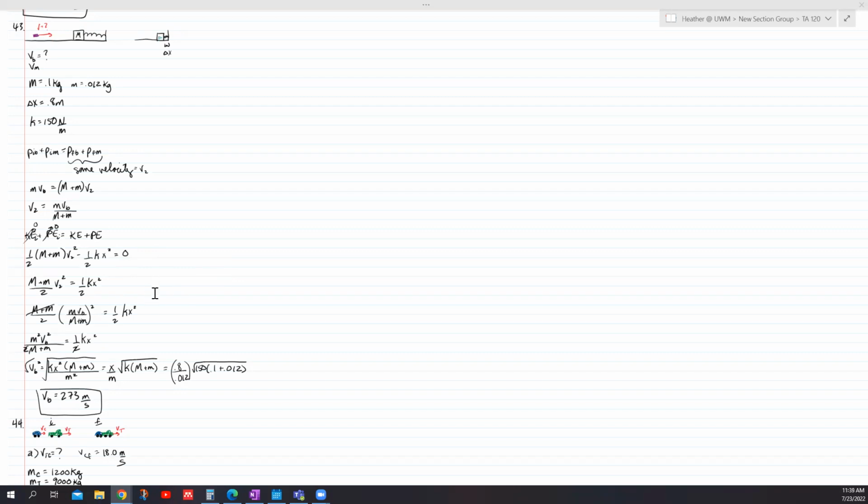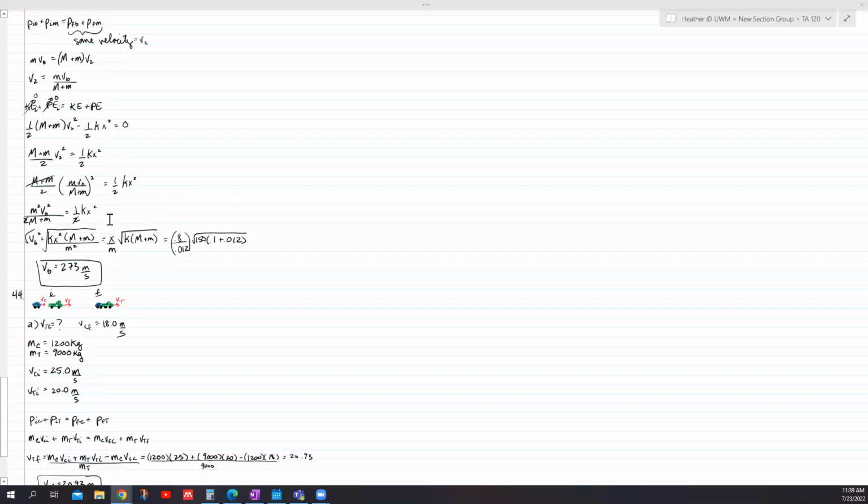And we get our initial kinetic energy and our initial potential energy are 0 for our bullet. And we get 1/2 (M plus m) v2 squared minus 1/2 kx squared equals 0, because our initial kinetic energy and potential energies are 0.